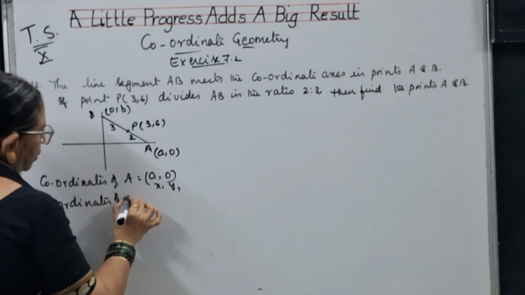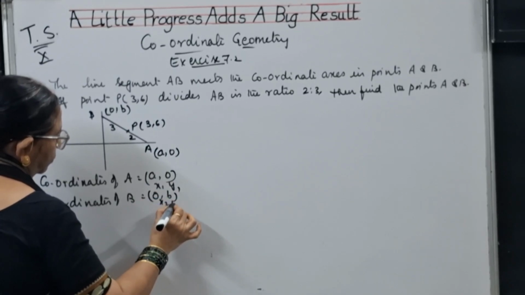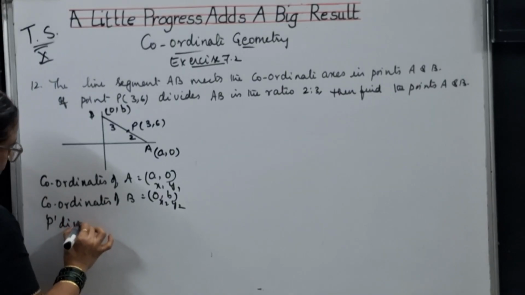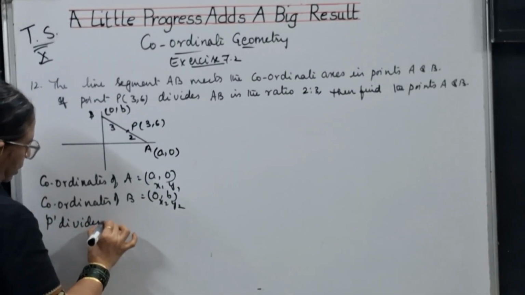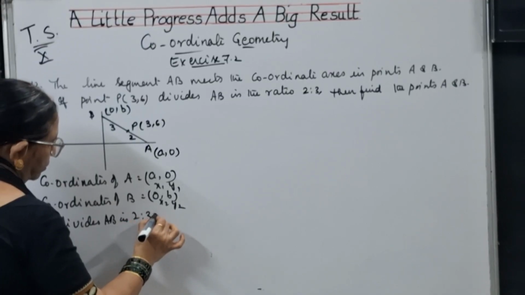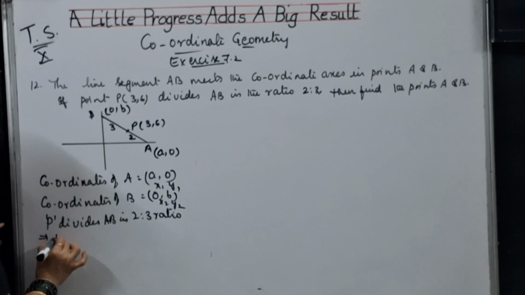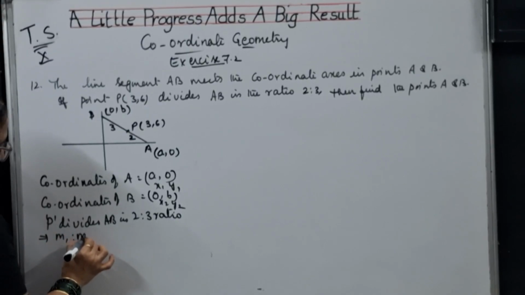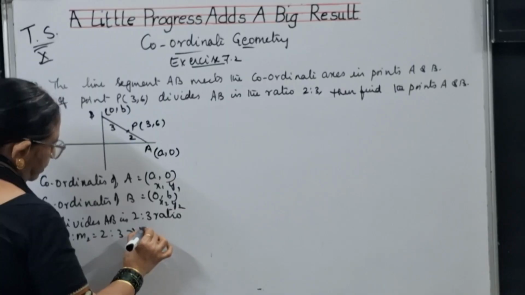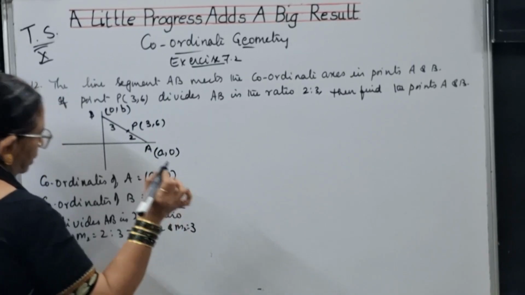Coordinates of B is equal to (0, b), that is x2, y2. P divides AB in 2:3 ratio. This implies M1 is to M2 is equal to 2:3, which implies M1 is equal to 2 and M2 is equal to 3.